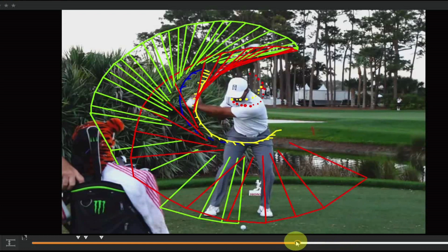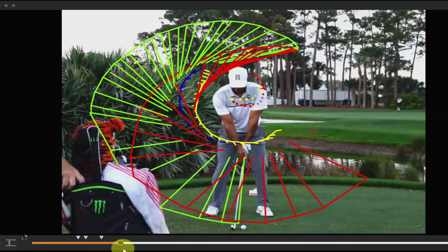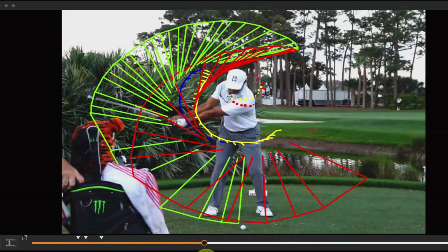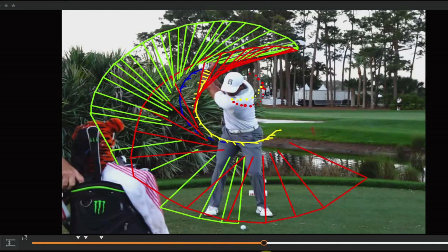Now let's see how his hands are moving. It's hidden here, but I drew a line on the top of his glove. Okay, so that's the blue trace in the backswing. Last point there.